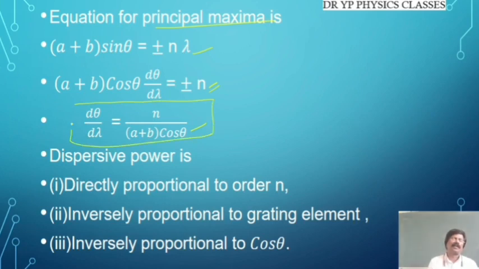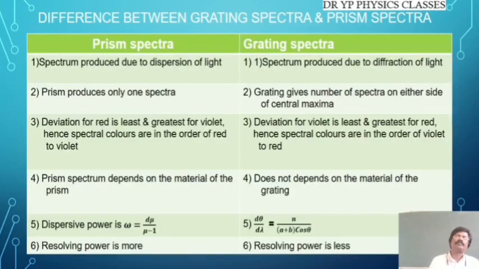This is the expression for the dispersive power of the grating. From this equation we conclude that dispersive power is directly proportional to the order of the diffraction, and inversely proportional to the grating element and to cos of the angle theta.